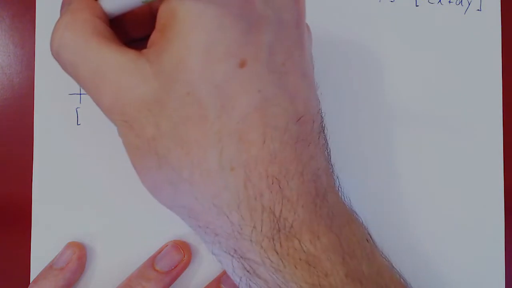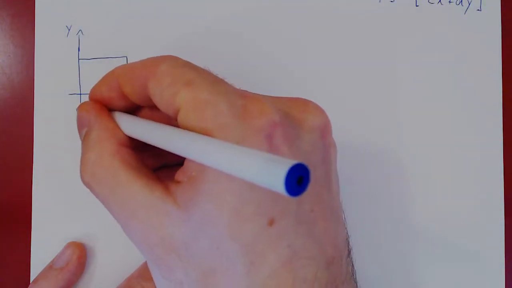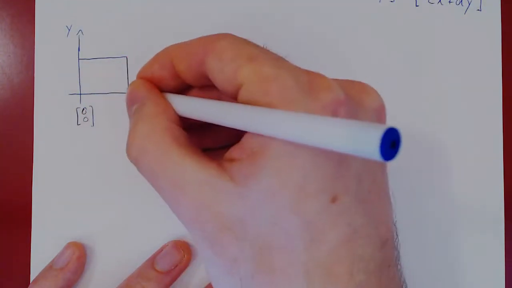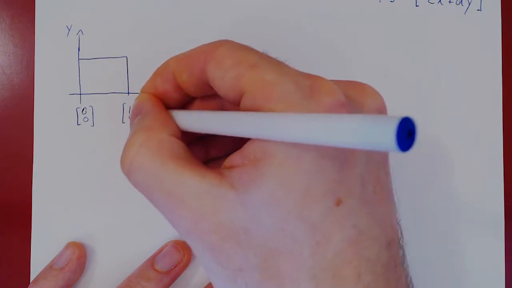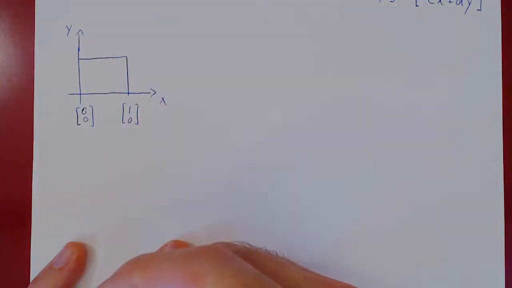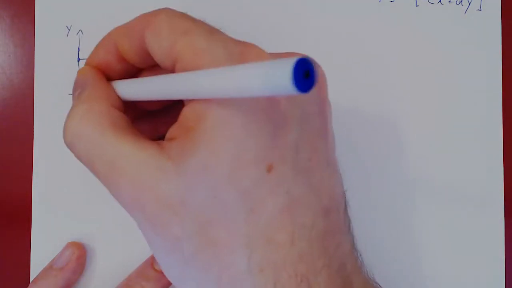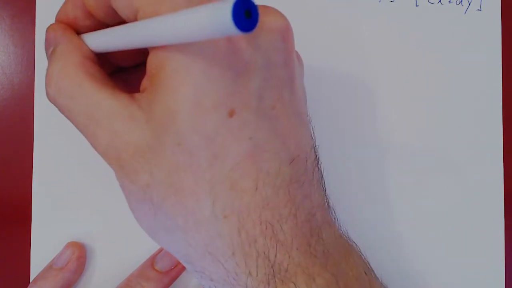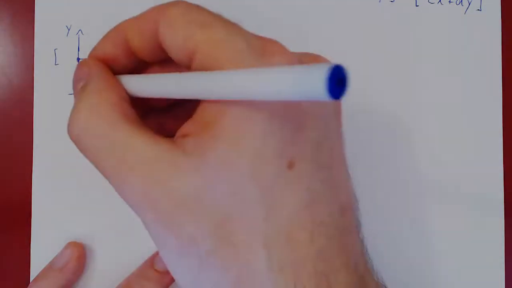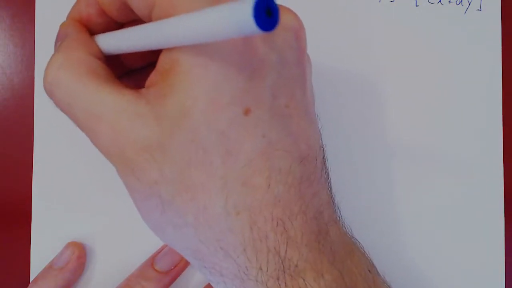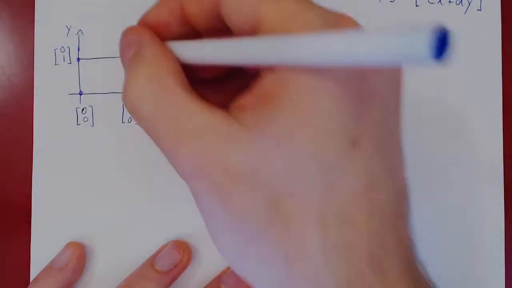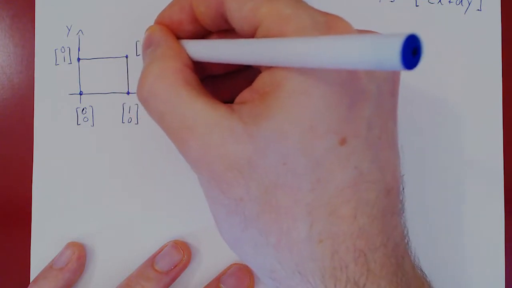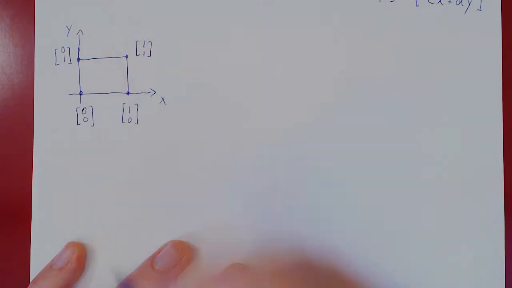This is the x-axis, the y-axis. We have the origin, the point (0, 0). This is the point x equals 1, y equals 0. This one is the point x equals 0, y equals 1. And our fourth and final vertex is the point x equals 1, y equals 1.